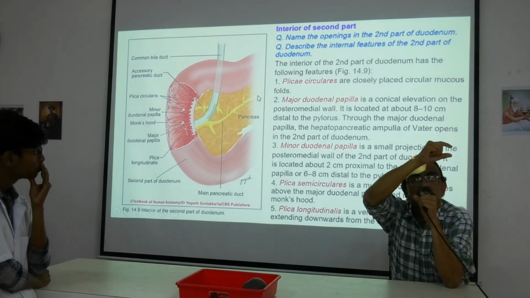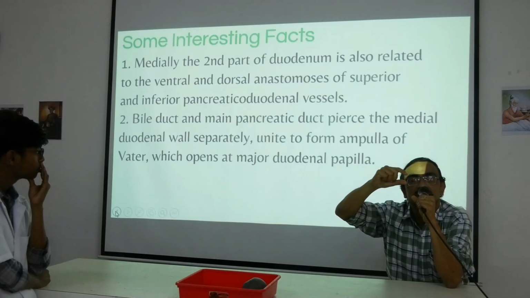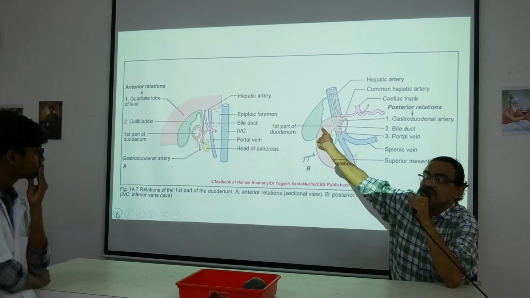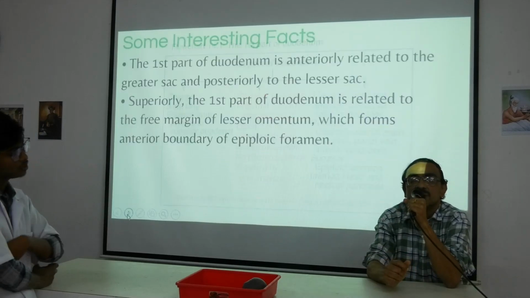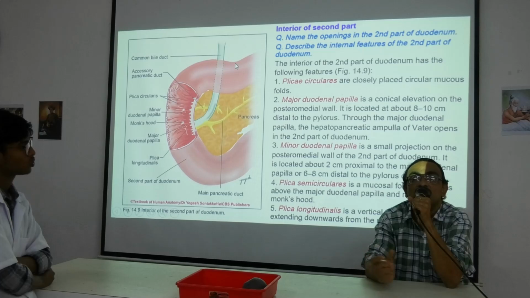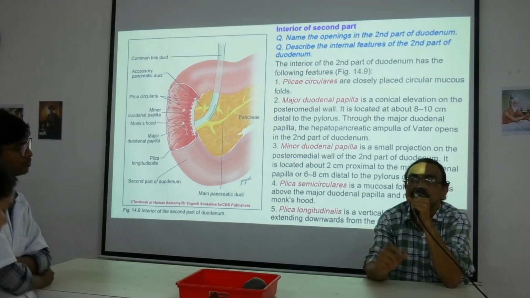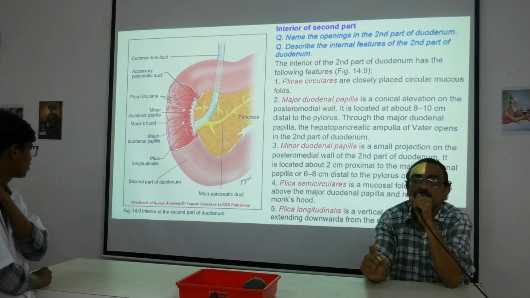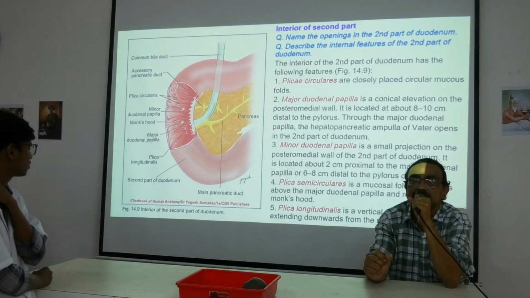So it goes downwards, forwards and to the left, and ultimately it opens in the second part of the duodenum. So the whole channel is contributed by these two diverticula and the connecting channel in between.